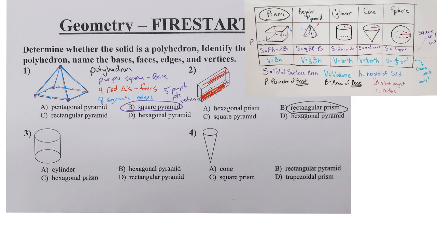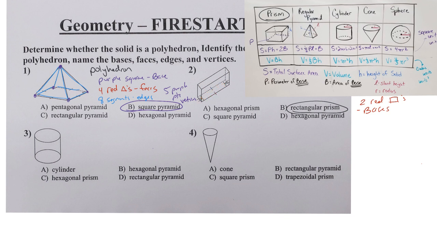So these two red rectangles could be the bases. They also could be faces only in a rectangular prism. Right? If this was any other type of prism, it could not change, and I'll explain that more in class.